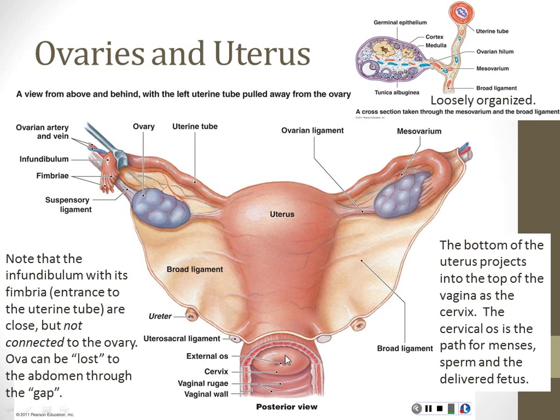So the cervix is the part of the uterus that extends down into the top of the vagina. Okay, and then in the center of that extension is an os, meaning hole. So the cervix has a hole externally and it has a hole internally to allow the menses out and to allow sperm in.